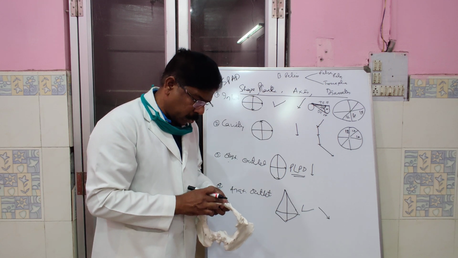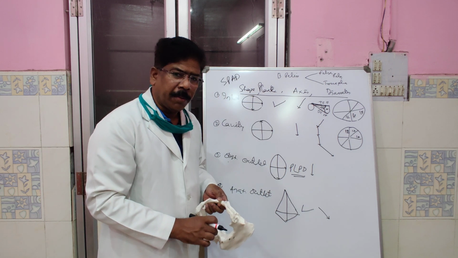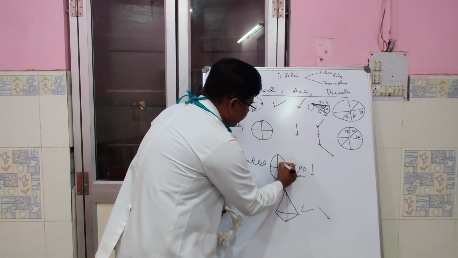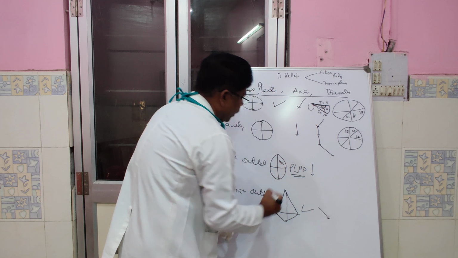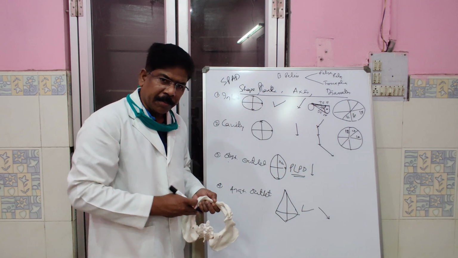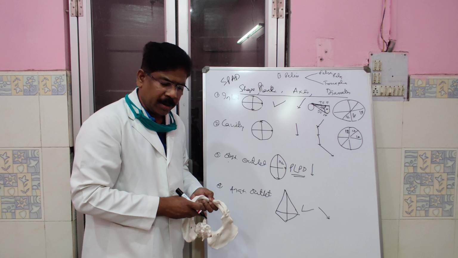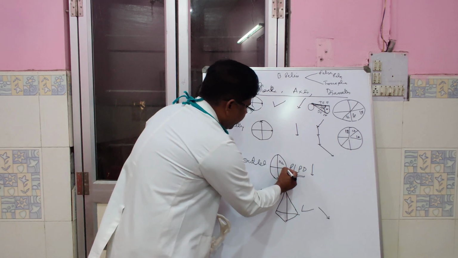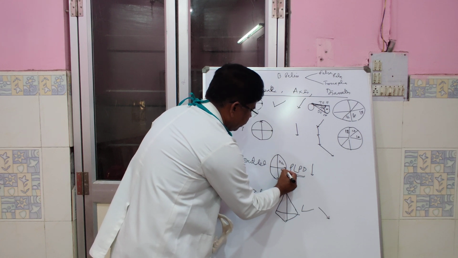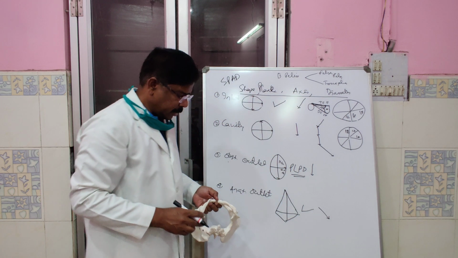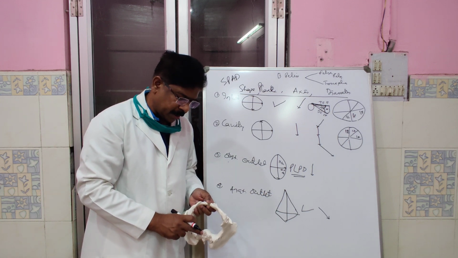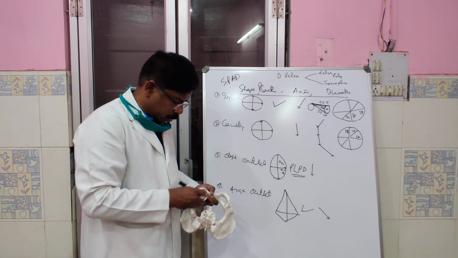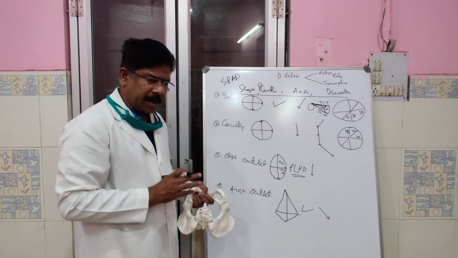Anteroposterior diameter starts from the lower part of the symphysis pubis to the tip of the fifth sacral vertebra, so it is around 11 centimeter. And the transverse diameter, the bispinous diameter between the ischial spines, is 10.5 centimeter.